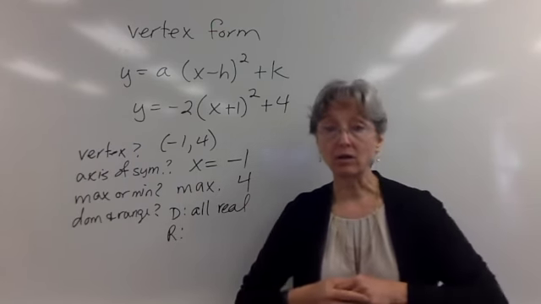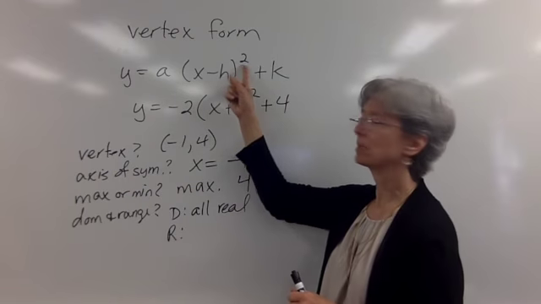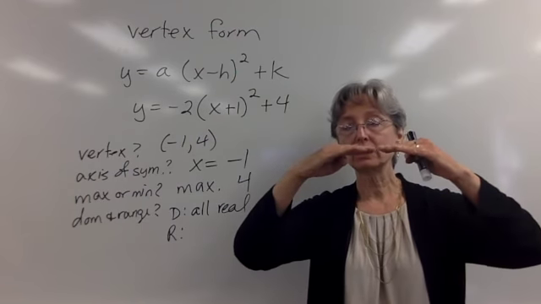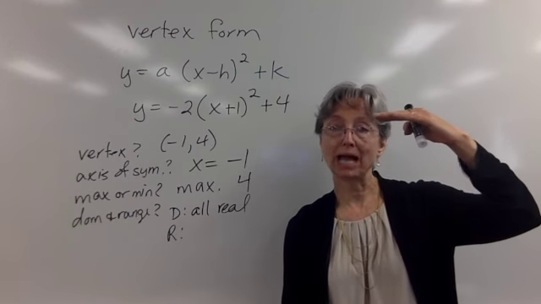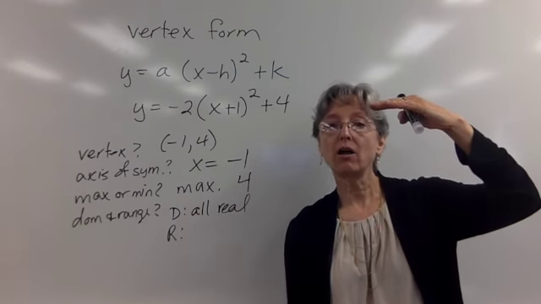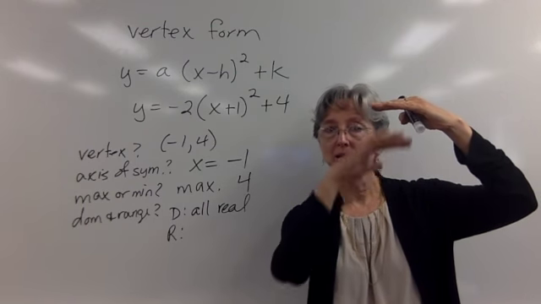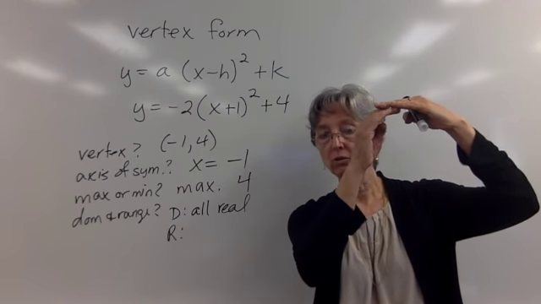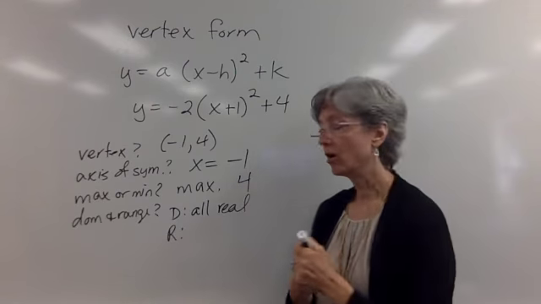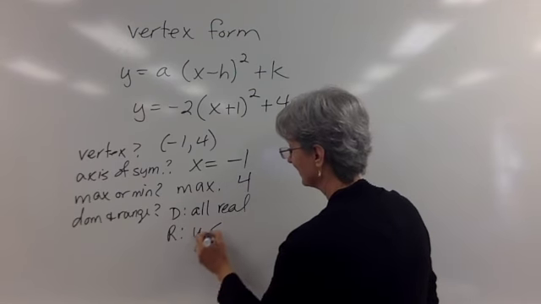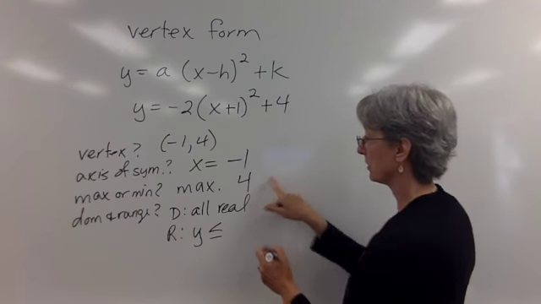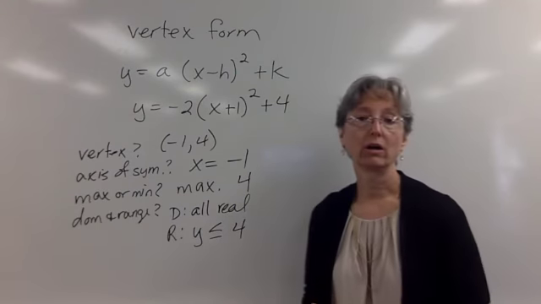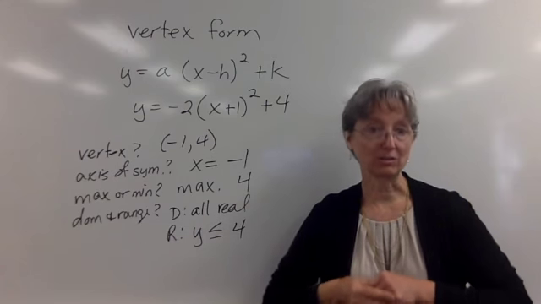What comes out is limited because of the squared. Remember we said our parabola opens downward, so it has a maximum. Therefore, all our outputs are going to be below or equal to that maximum. So our range is y is less than or equal to that maximum of 4 because it opens downward.